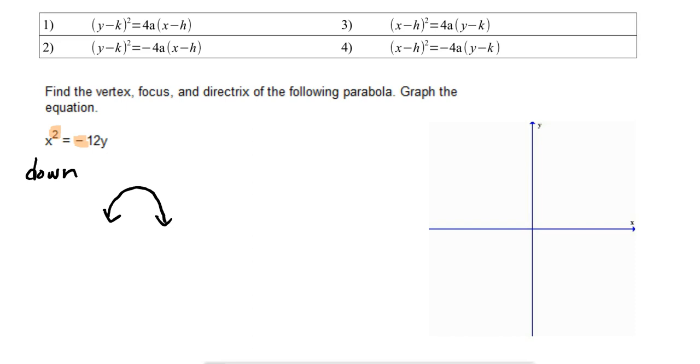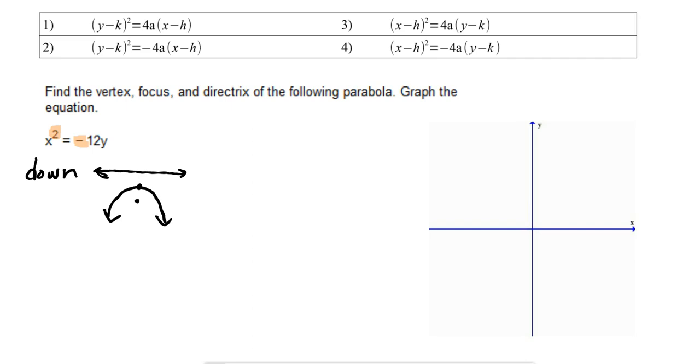So with a down-facing parabola, the focus will be down from that vertex, and the directrix would be a horizontal line away from that parabola like this. So that's going to help me identify the location of these special features.